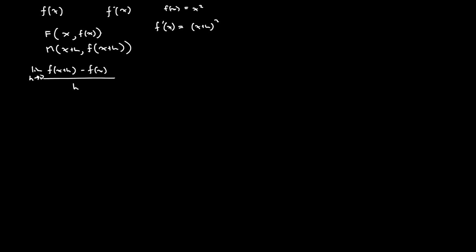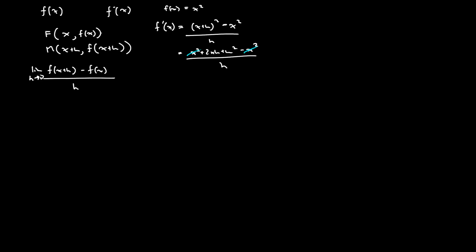And then we take x and plug it in here, and that's going to give us x squared, so this is minus x squared over h. So work this out. We get x squared plus 2xh plus h squared minus x squared over h.